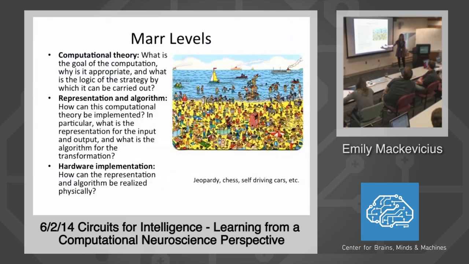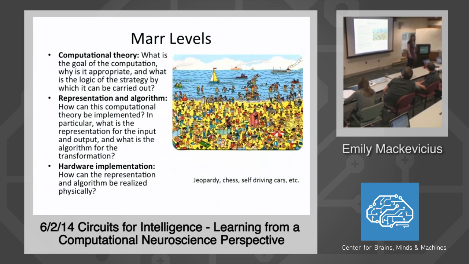You can think about them as a broad goal that you're trying to fulfill, and then an approach or algorithm, and then just the technical specifications of how you're doing it. Like a person could do Jeopardy, or a machine could do Jeopardy. They might use different algorithms and also different hardware, but the same goal that they're trying to solve. So this has been a very useful way of thinking about different problems.